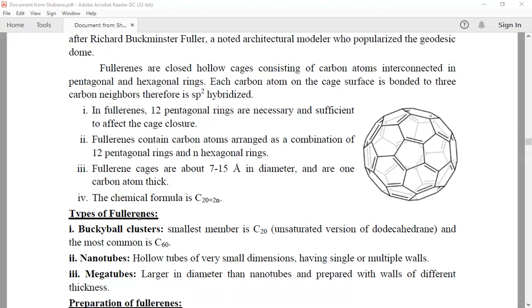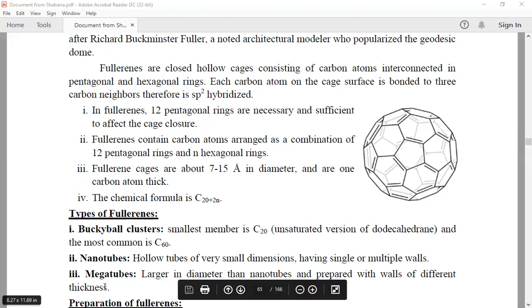I already told you that fullerenes are of many types. These 3 are the main, and there are 2 other fullerenes, which are the polymer, the first one, and nano onions.